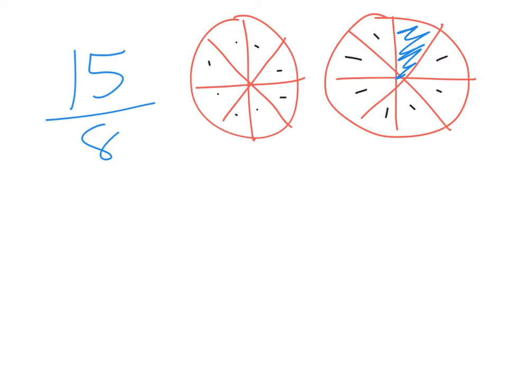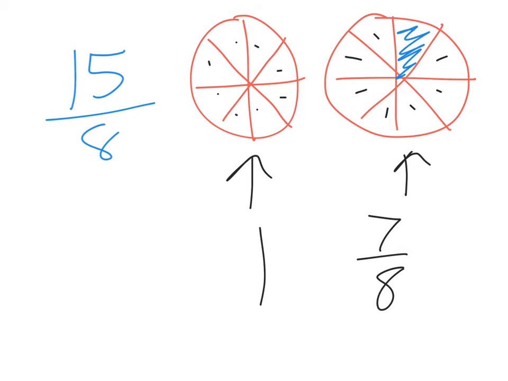But if we want to make a little more sense of this and reduce it to something better understood, what I'm looking at is one whole pizza and then 7 eighths of another. So 1 and 7 eighths is what this is actually going to reduce down to. It makes a little more sense that way in terms of saying here's what's left over.